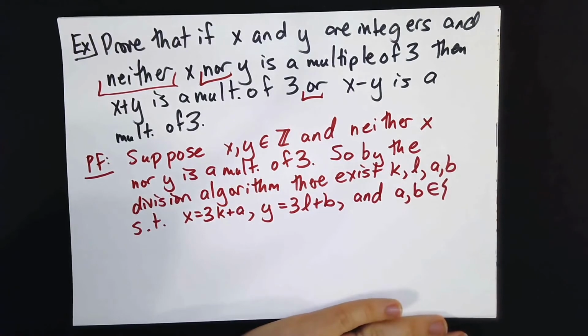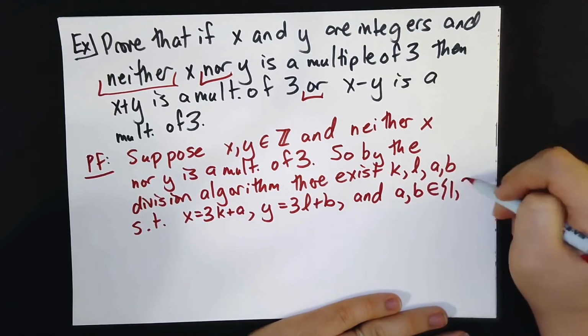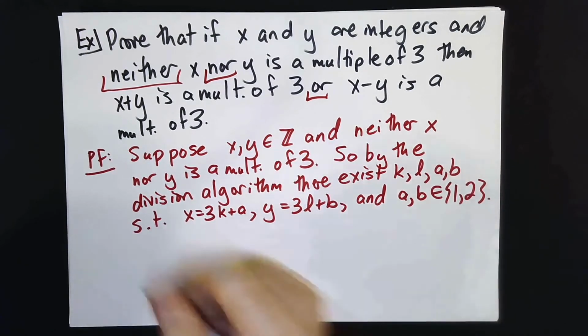And in the statement of the division algorithm, they have to be strictly less than 3, so really that means a and b are just 1 or 2. So how many cases does that give me? If you said 4, you're correct. There are going to be 4 cases, based on what a and b are.